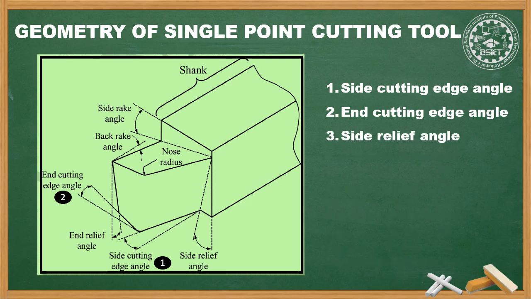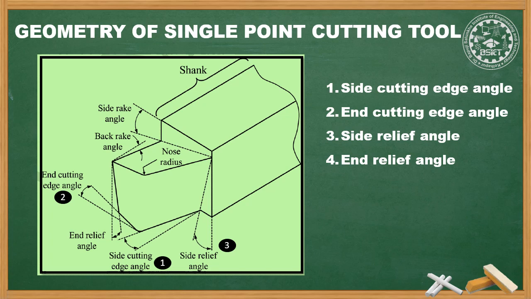Number 3, side relief angle. The angle between the portion of side flank immediately below the side cutting edge and a line perpendicular to the base of tool. It is an angle that prevents interference as the tool enters the work material.